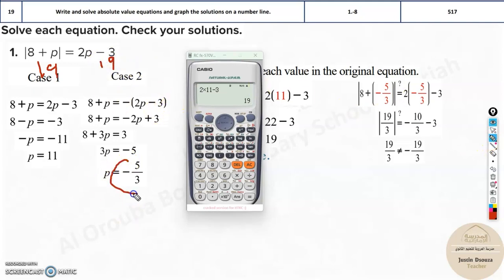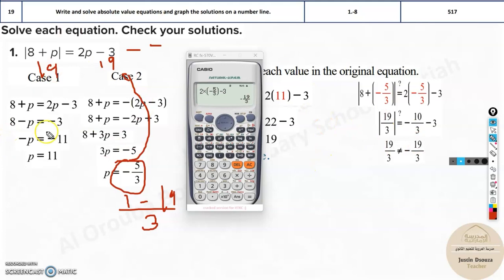Okay, now you must do the same thing with the other p-value. We did it with 11, right? Now you must do it with the other p-value. Let me just change this first over here to minus 5 by 3. So bracket minus 5 divided by 3, and close the bracket appropriately, and minus 3. Here we are getting negative 19 by 3. Let's write, in the second value we are getting negative 19 divided by 3.